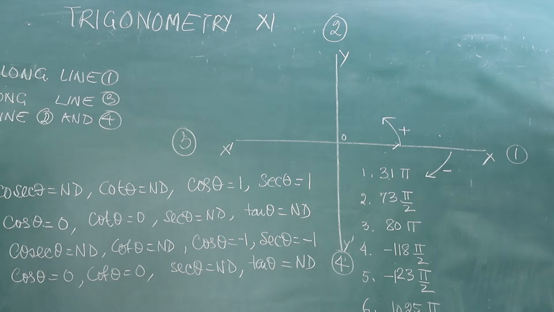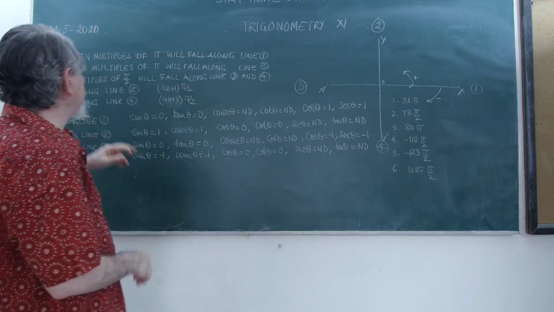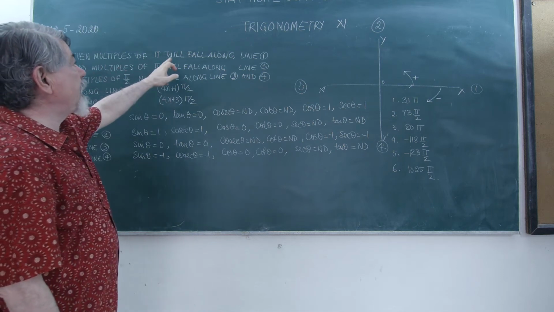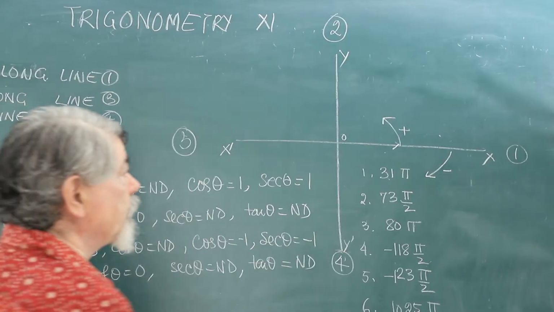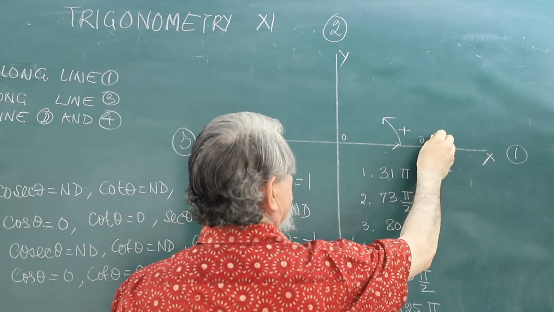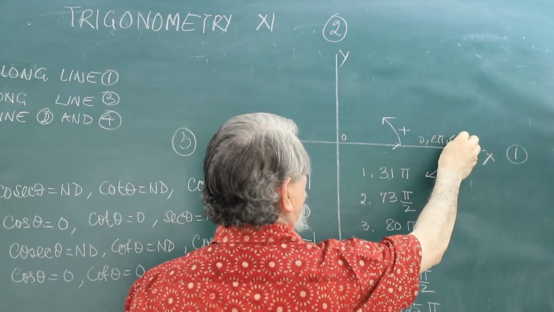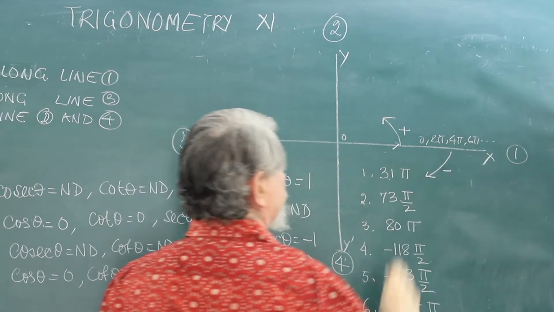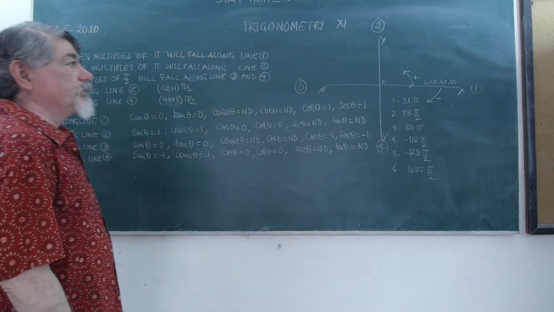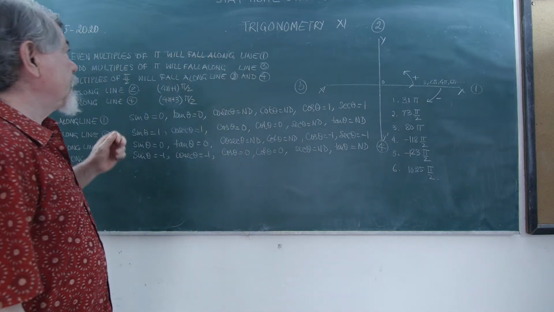But I am going to start with anti-clockwise first, and we have written that even multiples of pi will fall along line 1. It starts with 0, then 2 pi, 4 pi, 6 pi, and so on. These are even multiples of pi.